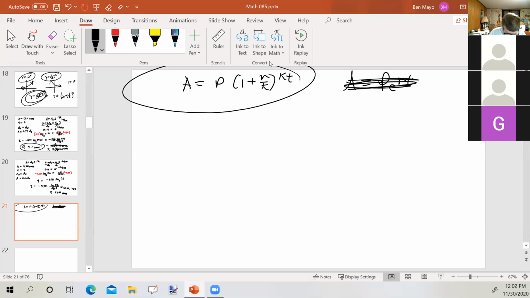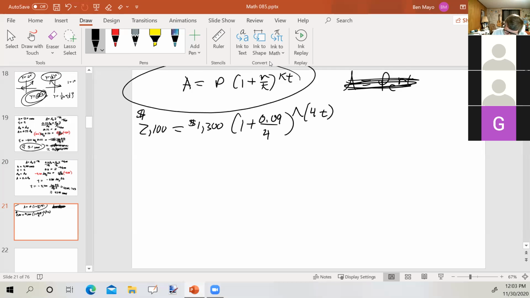So let's see. We've got $1,300, paying 9%, compounded quarterly. How long will it take to reach $2,100? Okay.